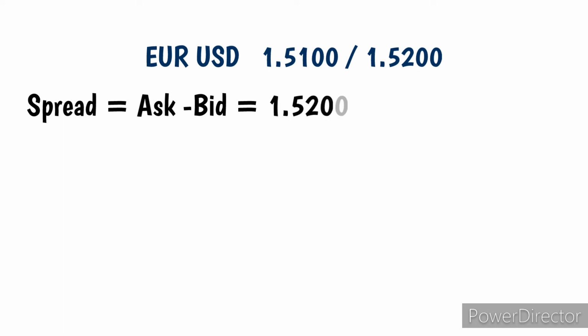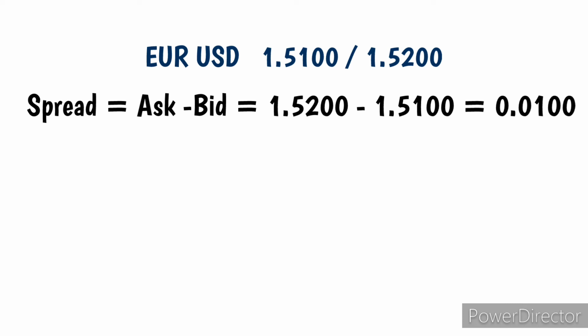First, spread. So spread is equal to ask minus bid. Here it is 1.5200 minus 1.5100, means 0.010.